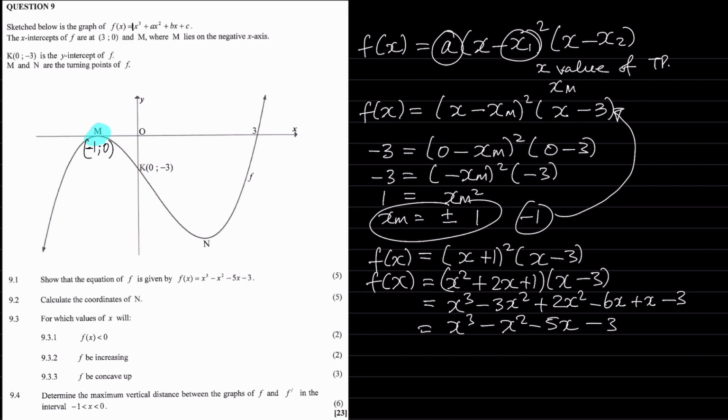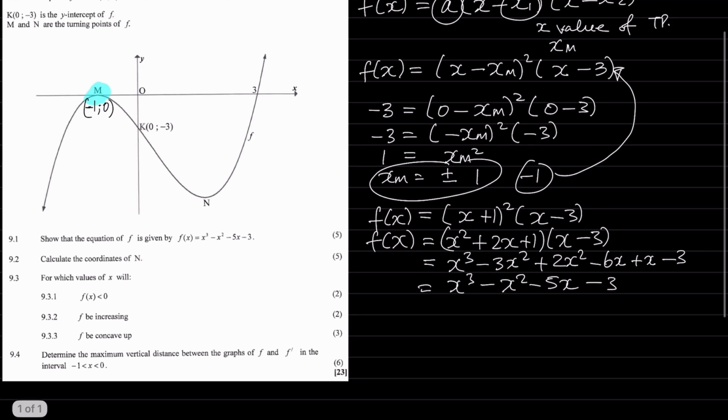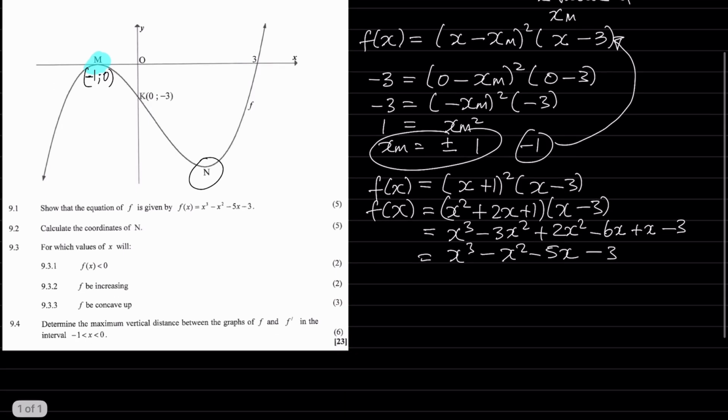Next, calculate the coordinates of n. Now n is a turning point. To solve for the coordinates of n, we take the derivative of this function. So f prime x is going to equal 3x squared minus 2x minus 5.